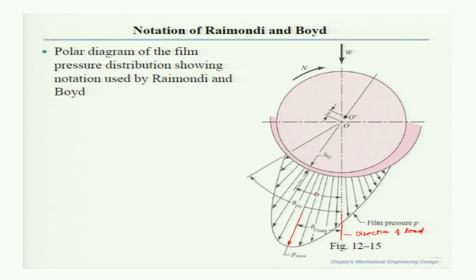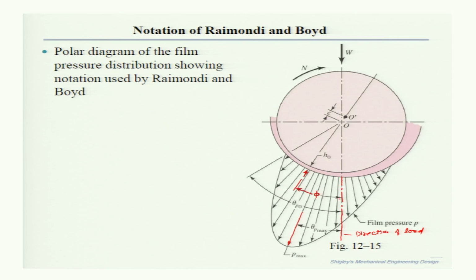Now, this phi is the angle where the minimum film thickness is there. This is the minimum film thickness. Again, from the direction of the radial load, this is measured.